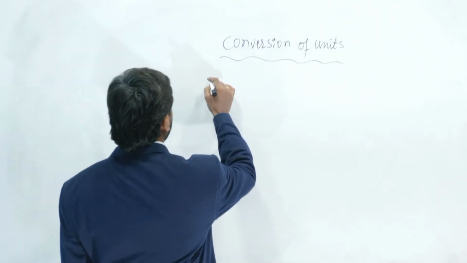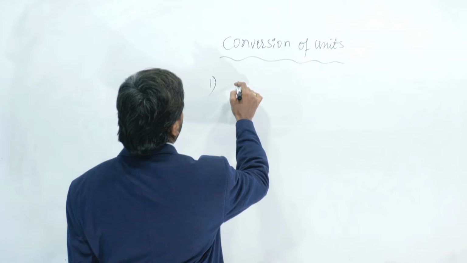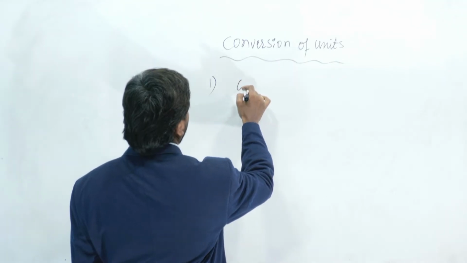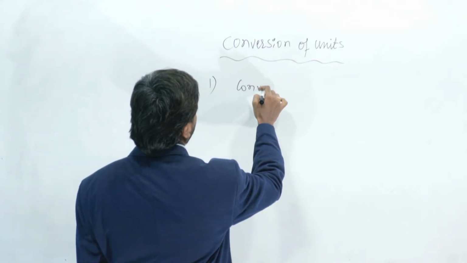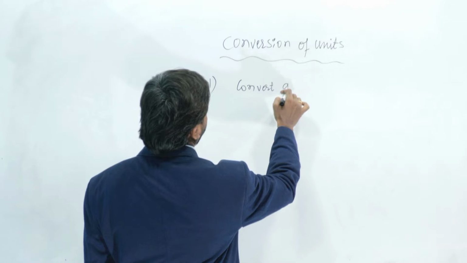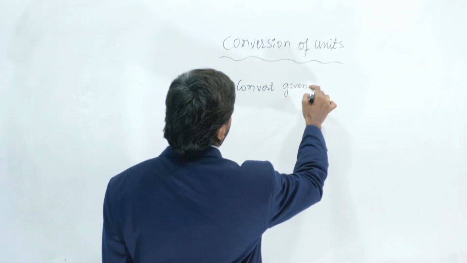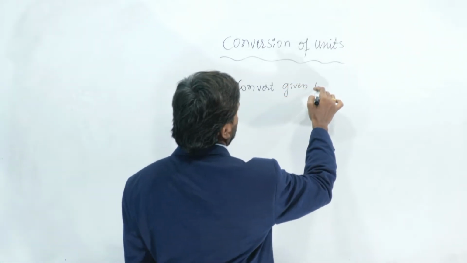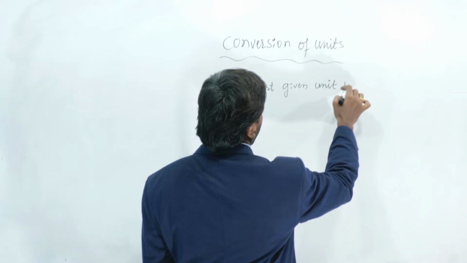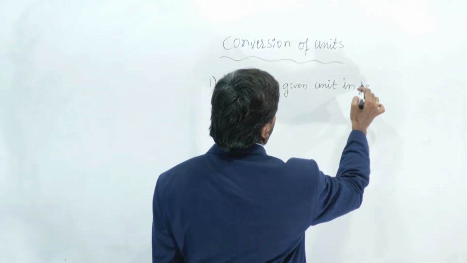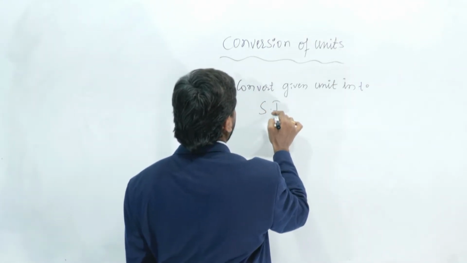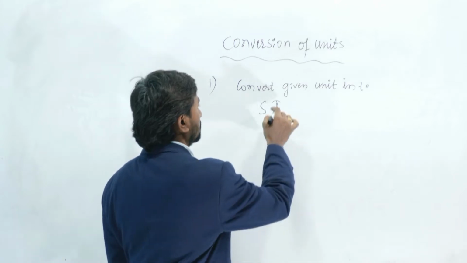So the first rule is: convert the given units into the SI system. So the first given system of units has to be converted into the SI system.